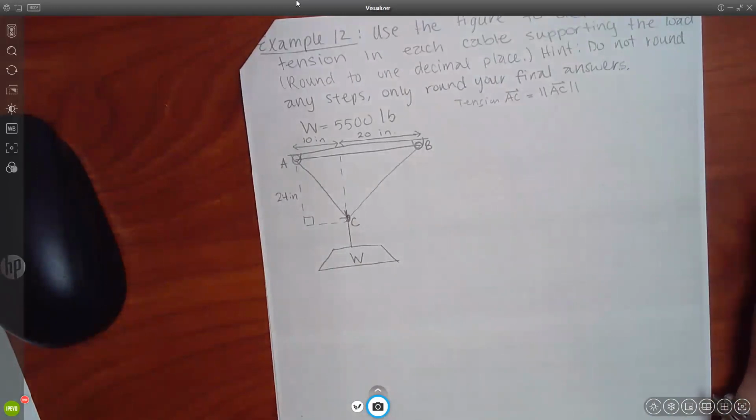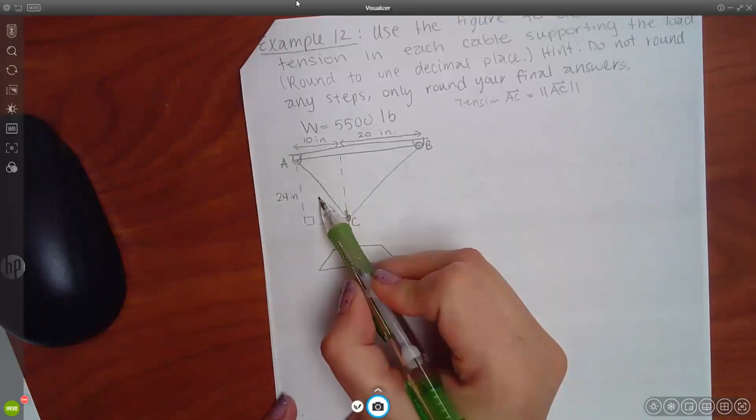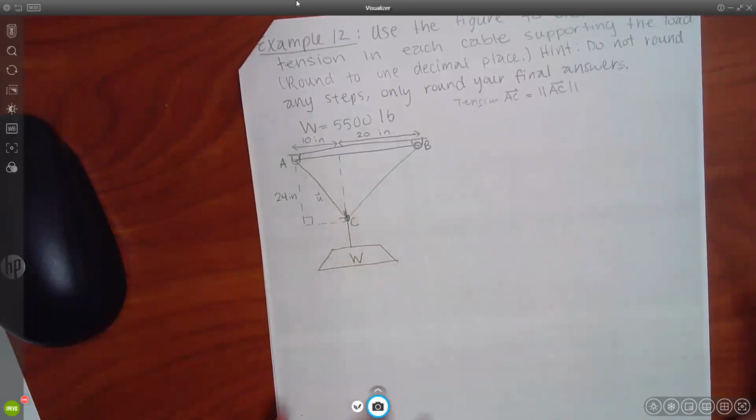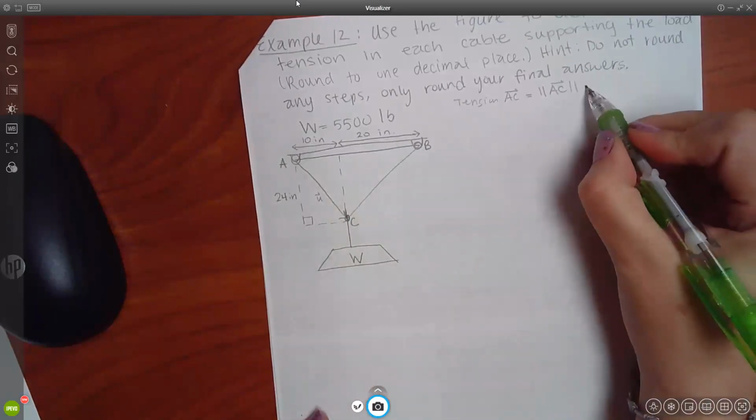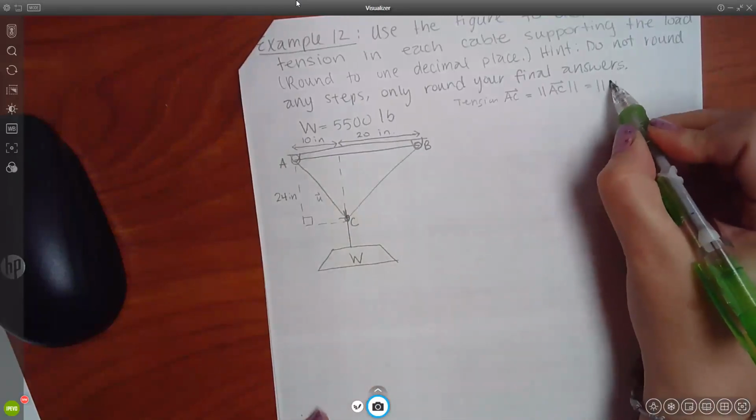Now, just so I don't have to keep writing AC everywhere, I'm going to call this vector U. Okay, so then that means I'm only needing to find the magnitude of U.